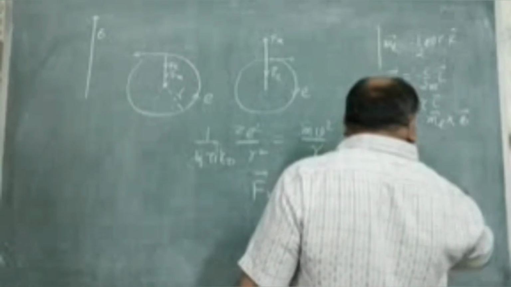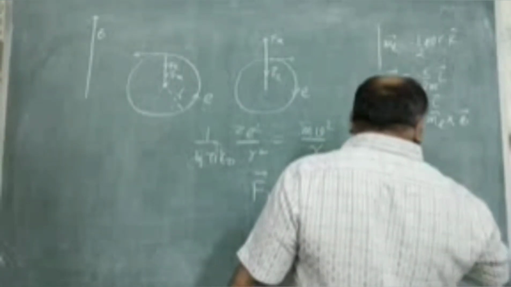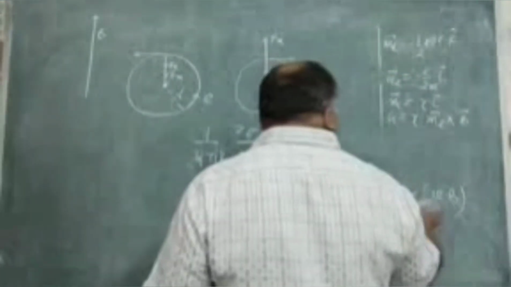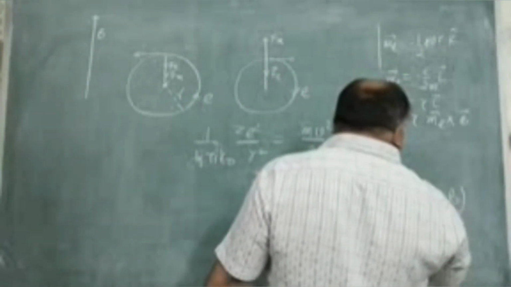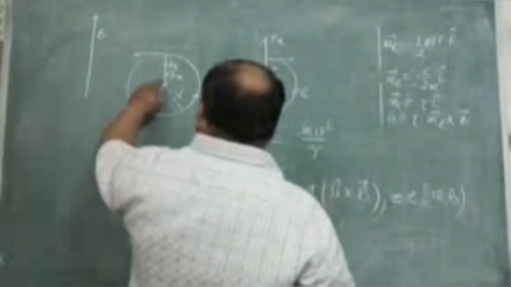So in case of electron it is minus e, V cross B. We write like this. Magnitude wise, this direction is shown here.